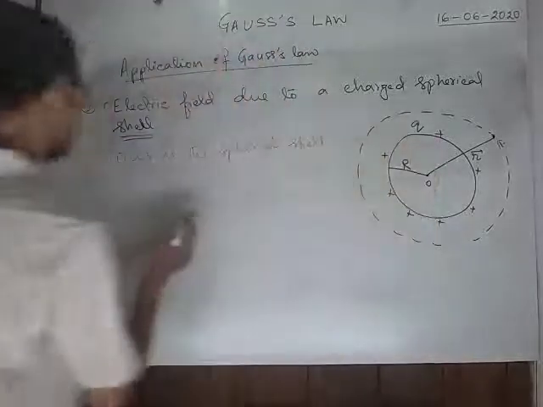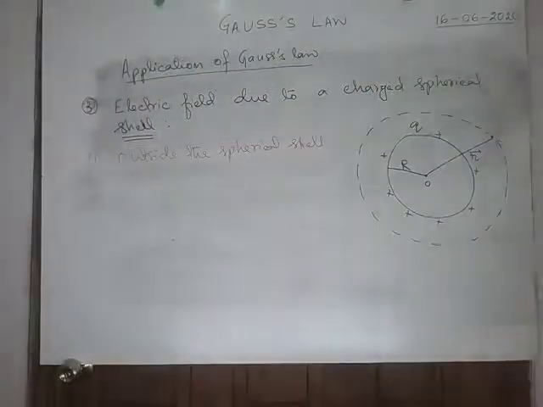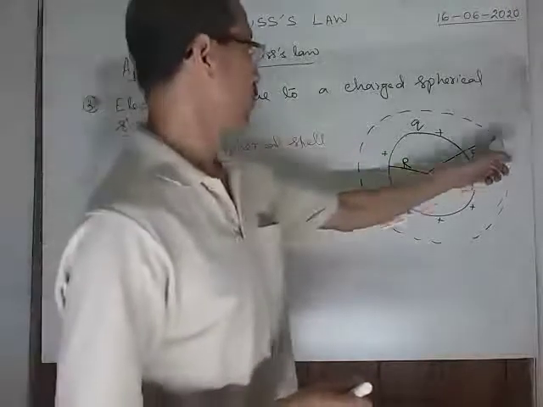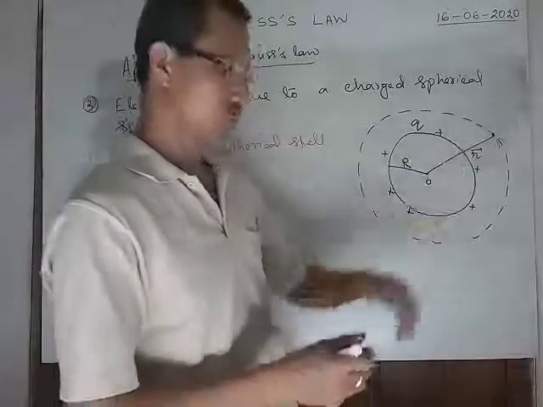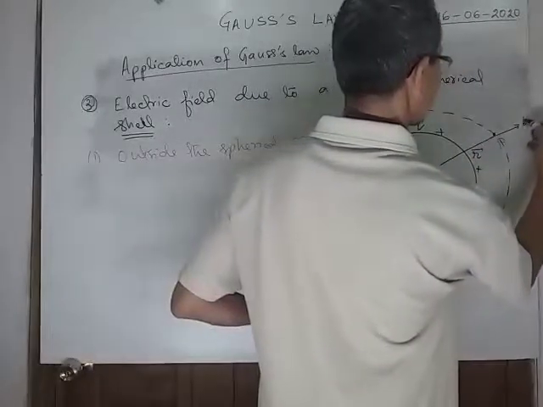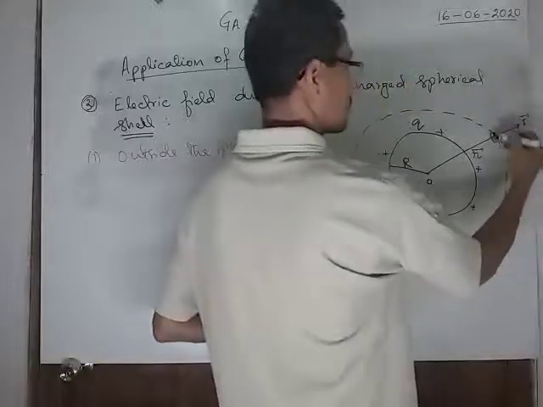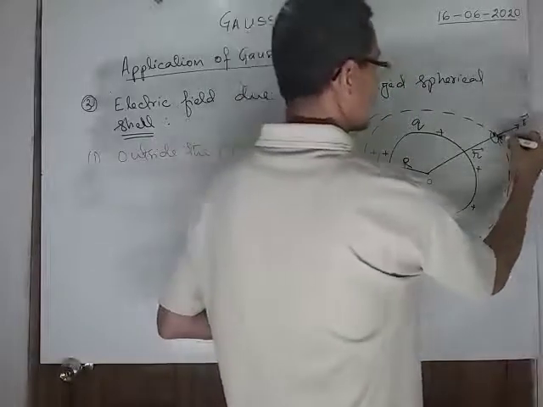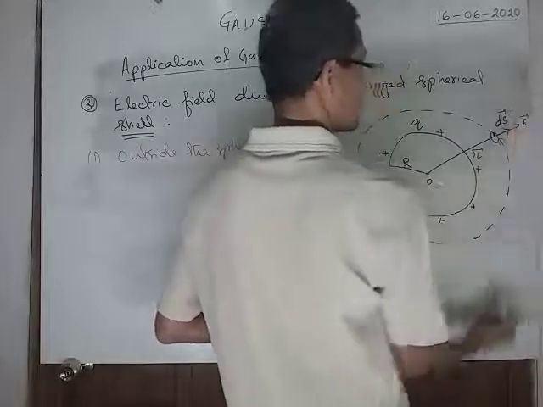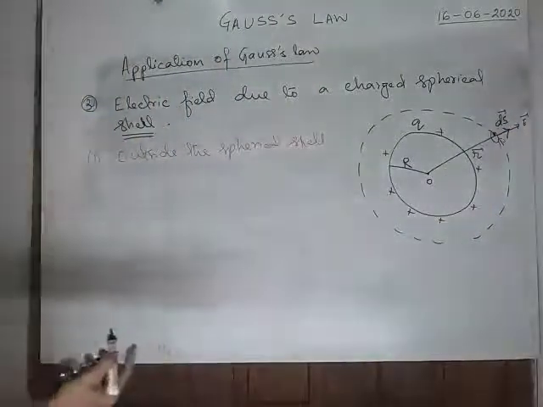Now we need to find the electric field E at this point of observation P, well outside the charged spherical body. Your electric field E will be along this, and if you take a small infinitesimal surface element dS, then that dS will also have the same direction. So your E vector and dS vector will be along the same direction.